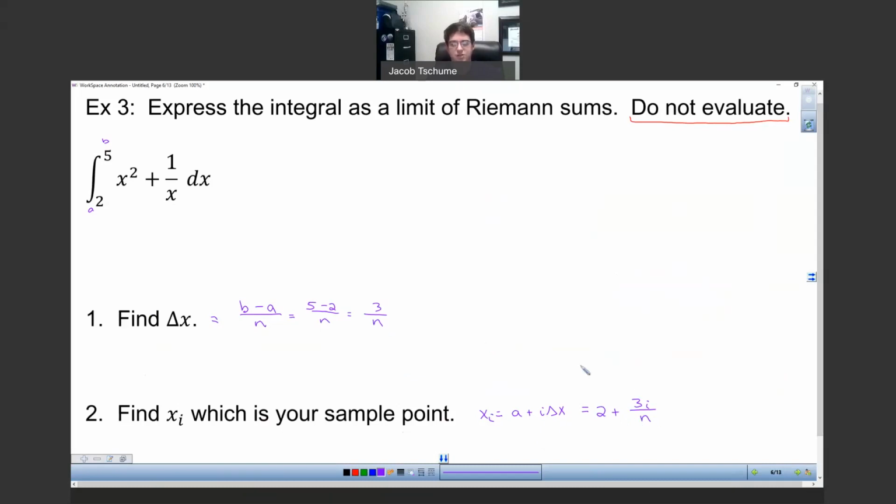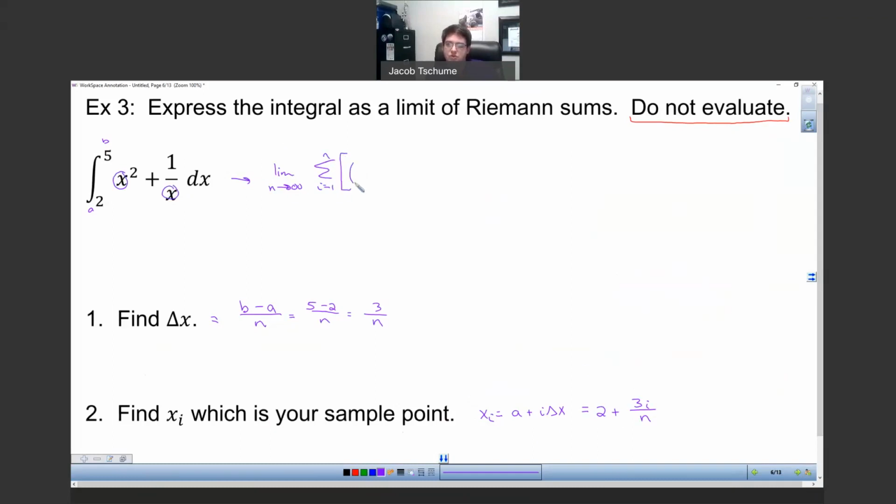Then you're going to take these 2 bits of information and plug them into your limit definition. So this would be the limit as n goes to infinity of the summation from i equals 1 to n. You're going to replace both of these x's with your x sub i terms.